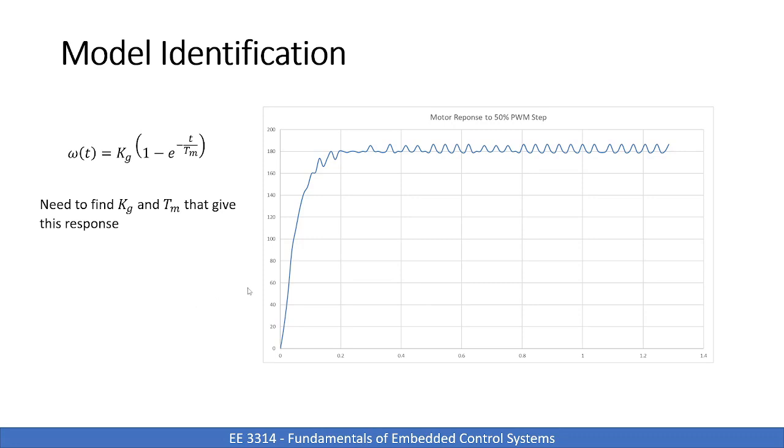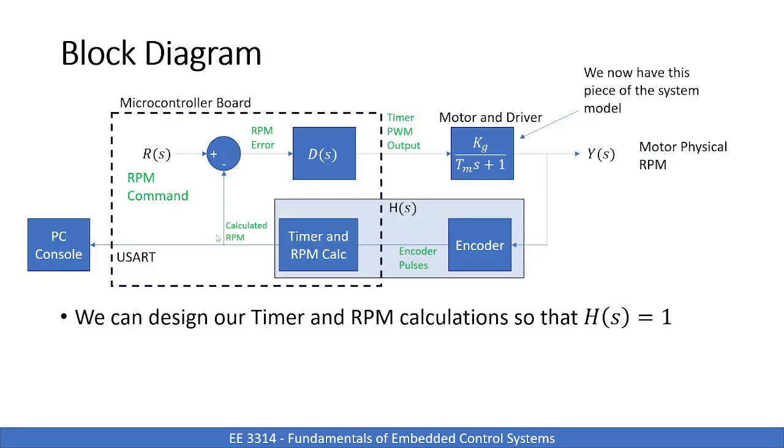Okay, so we looked at the measured response, kind of messy, noisy, and we can find values Kg and tm that give us this response. So now once we know the motor and driver, we have this piece of the entire system, one block of our overall closed loop transfer function.